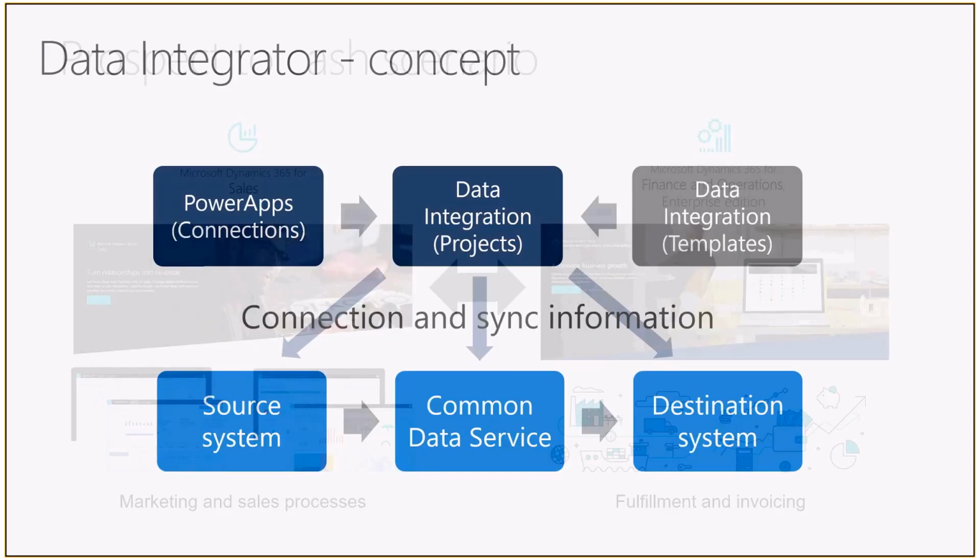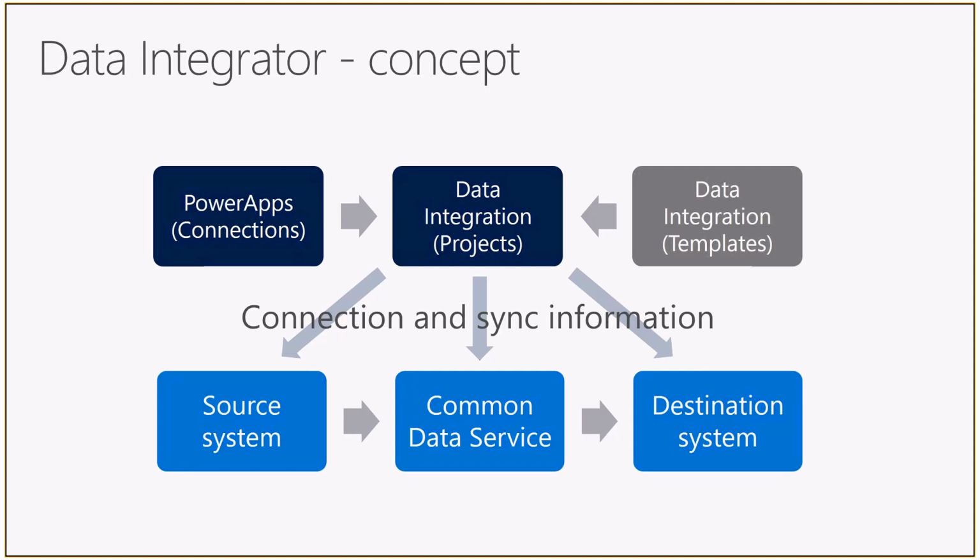So what are we using for this? We're using something called the data integrator, and the concept is built around the Power Apps. So in order for this to work, you will need to set up connections in the Power Apps. Then in the data integration, you'll need to create projects. These projects, you can create them from templates. We have a number of templates that cover the entire prospect to cash flow.